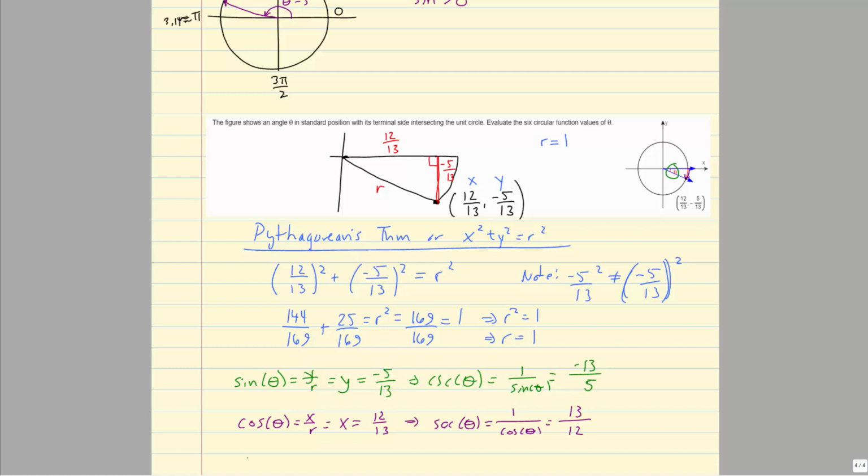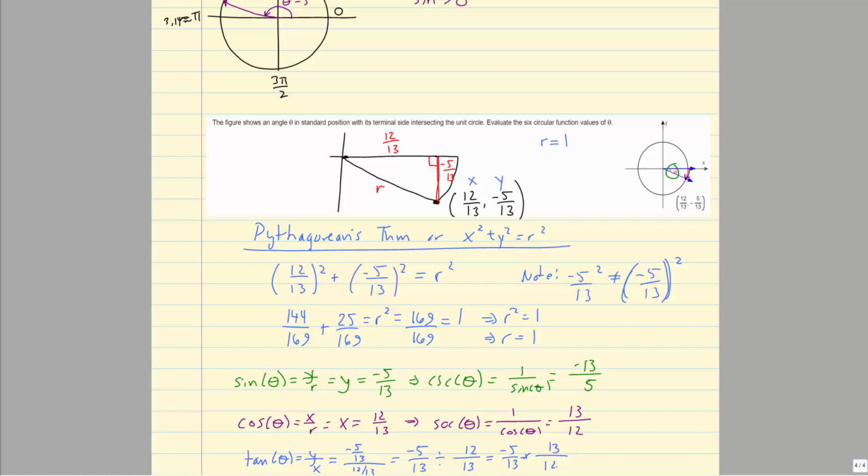Last one would be tangent of theta, y over x. I don't have an r to substitute in here, so I'm going to take y, which was negative 5/13 from our diagram. X was 12 over 13. Now when you divide by a fraction, so I'm taking negative 5/13 divided by 12/13, I'm multiplying by the reciprocal.